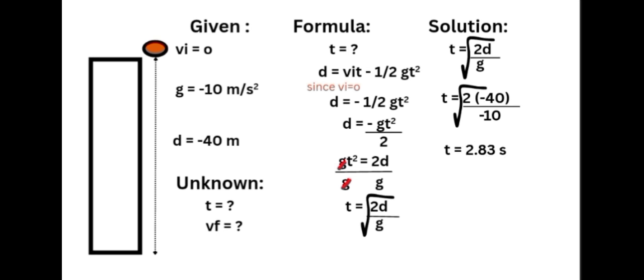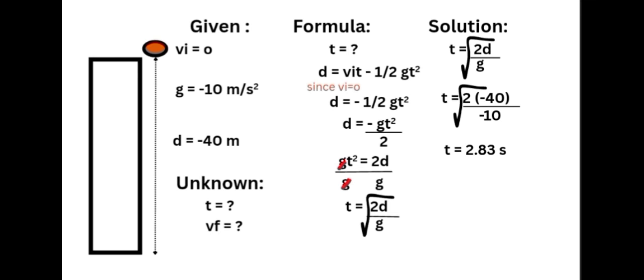So 2 times negative 40 is negative 80. Negative 80 divided by negative 10 is equal to positive 8. The square root of 8, now we have an answer equivalent to 2.83 seconds.